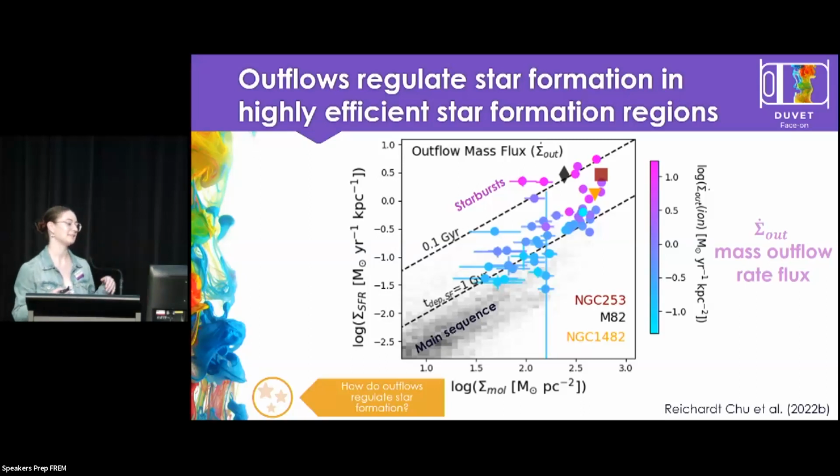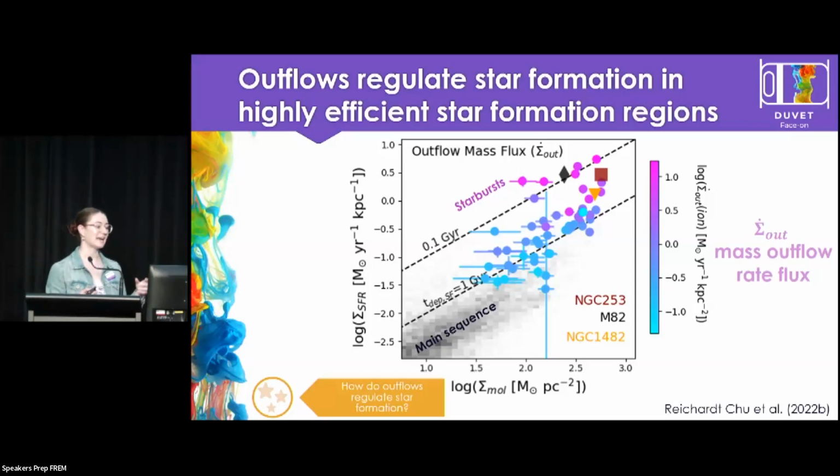What we find is that, again, as we saw in the last plot, as you move to higher star formation rate surface densities, you've got more mass which is outflowing. But also, as you move from a main sequence to shorter depletion times in starbursting regions of the galaxy, we get more and more efficient at driving the outflow.